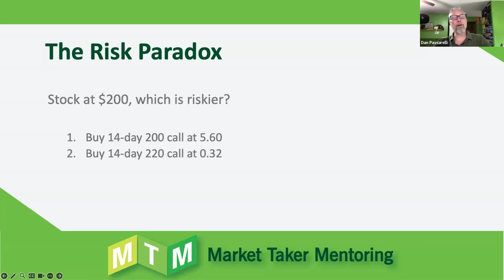And even though their theta, their time decay, is smaller, which is another thing we can say about the risk in Justin's camp, the 200 strike call has a bigger theta. The 220 call, that stock really has to go up, and it's got to go up a lot in order to have any chance of making a profit.